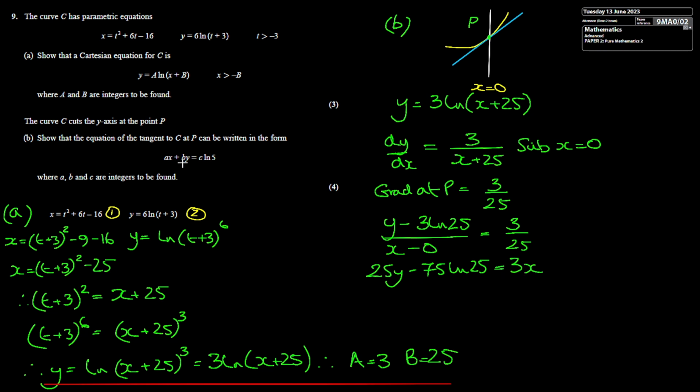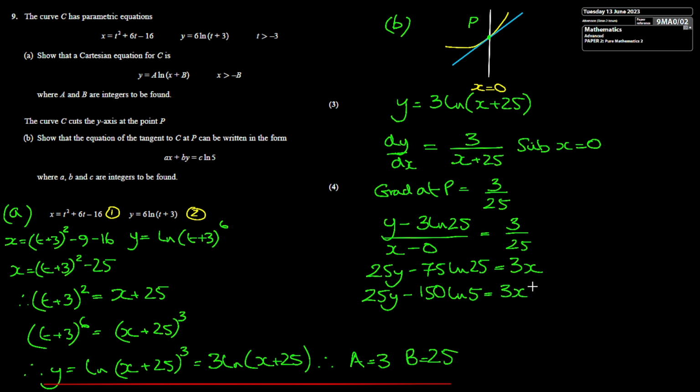Let's see what form they want it in. They want ln 5, not ln 25. Well, happily 25 is 5 squared. So if you imagine the 5 squared there, by one of the log laws, this turns into 150 ln 5. So we get 25y minus 150 ln 5 is equal to 3x.